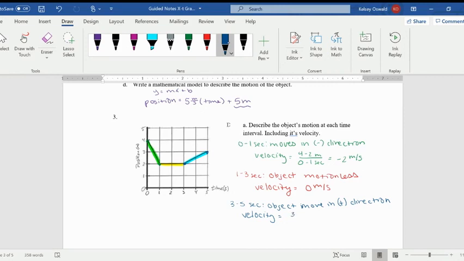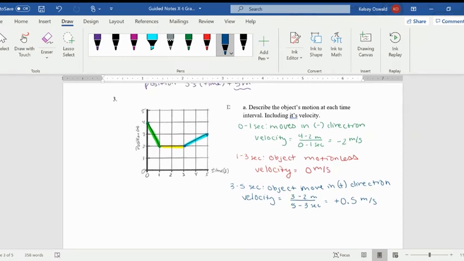So we could do the points (3, 2) and (5, 3). So then we can do our difference of our y's, 3 minus 2, divided by the difference in our x's, 5 minus 3. And we should find that our slope here, our velocity, is going to be 0.5 meters per second. Okay, and we're going to show that it's positive because velocity includes direction.